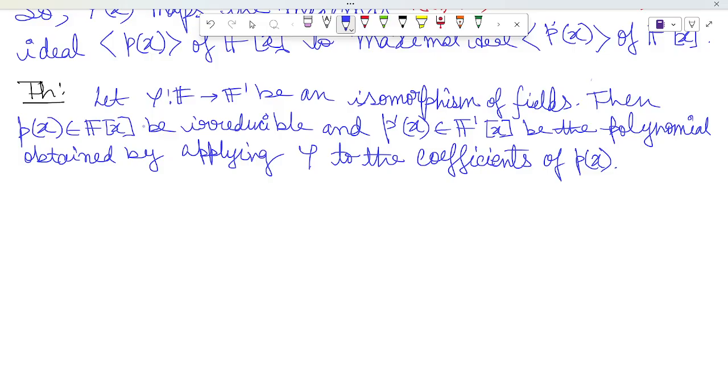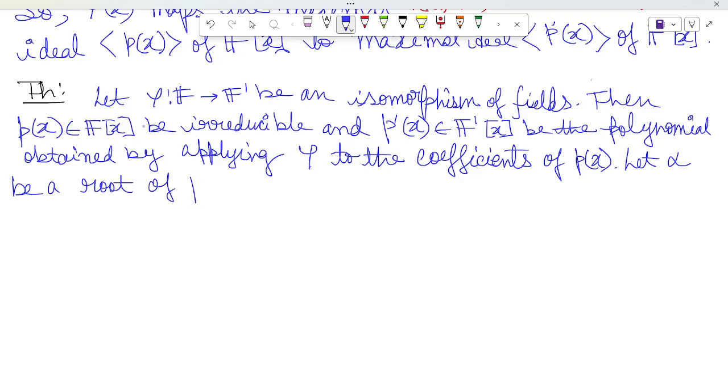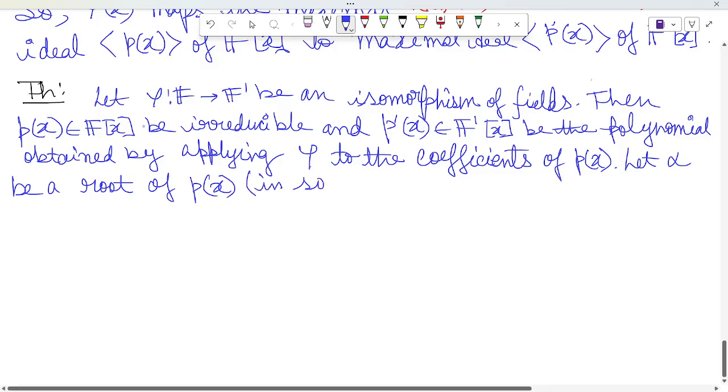Okay, let alpha be a root of p[x] in some extension that might not be in f. It might be in some field extension.